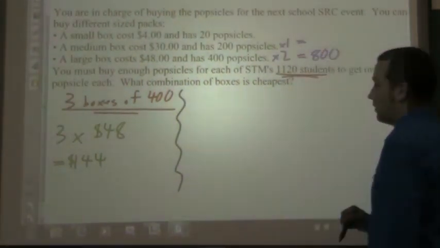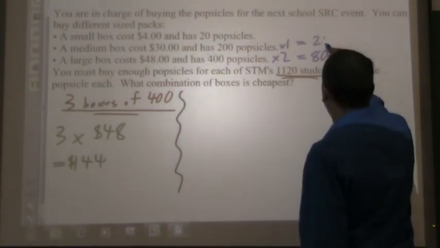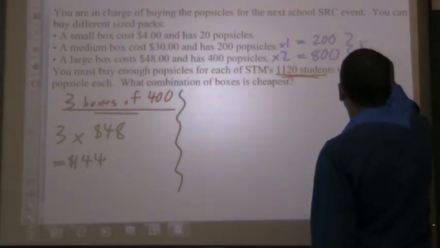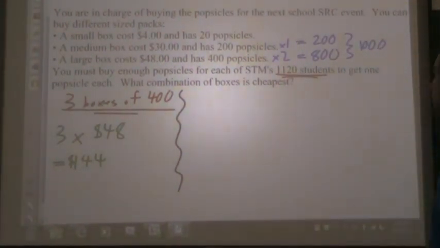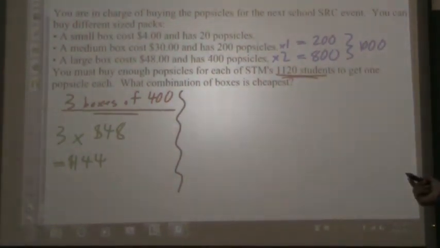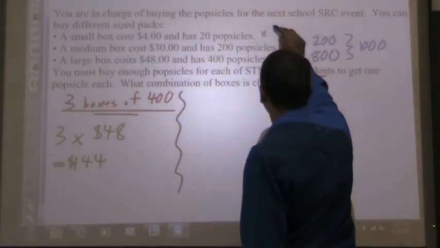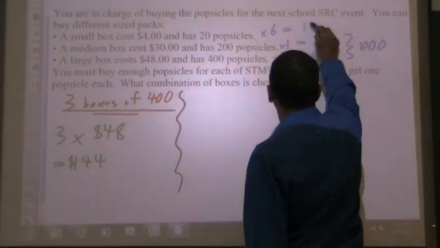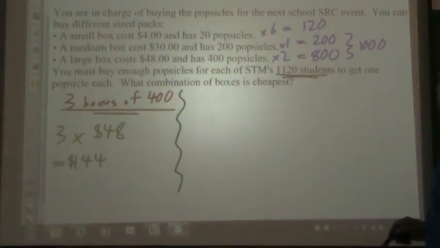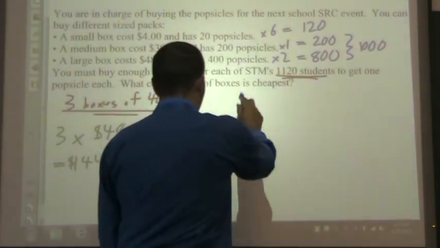Then I can buy 1 of these. Right, and now that's another 200. So the total here is 1,000. I need 1,120. So I'm lacking 120. So to get 120 more, I would need to buy 6 of these, right? And that would give me my 120 popsicles. So now I've got the total of 1,120. So let's do that scenario right here.